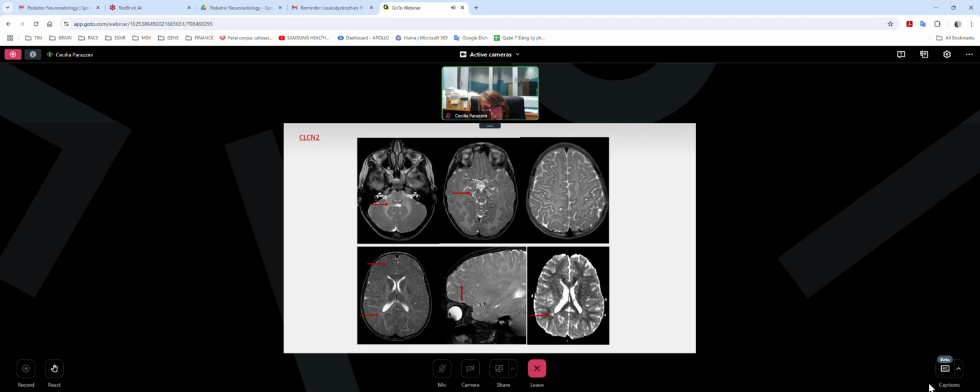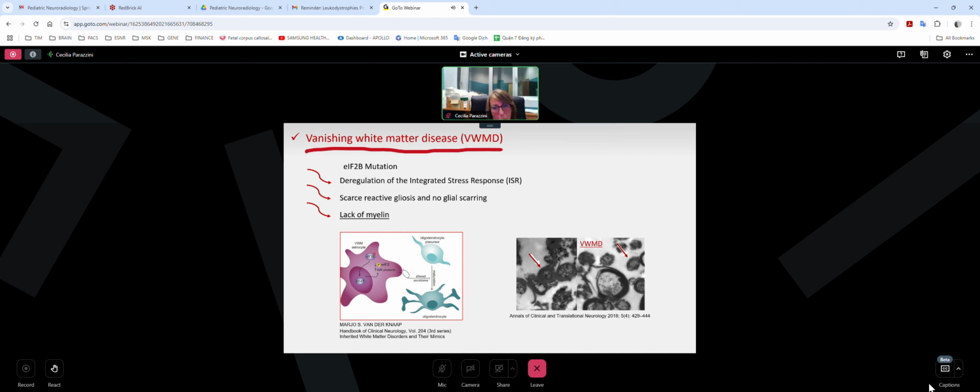You can see also an involvement of infratentorial areas such as middle cerebellar peduncles and cerebral peduncles, while hemispheric white matter is less involved, and the U fibers are spared also in this disease. As in the other astrocytopathies, little cysts may appear in the course of the disease.